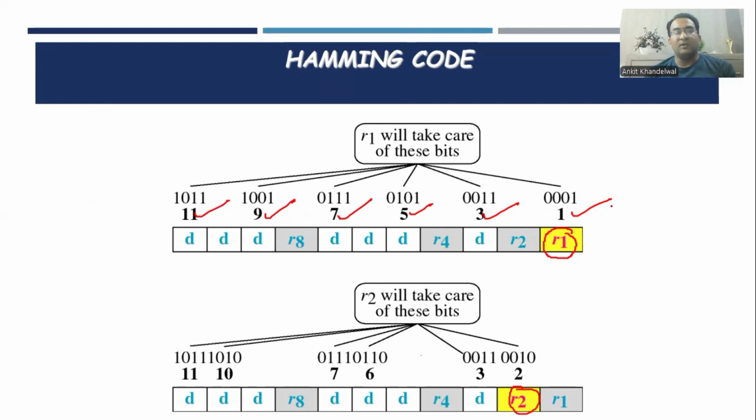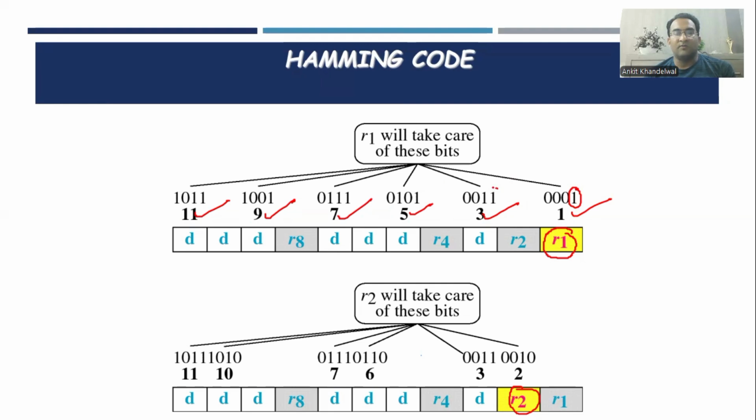Why are we taking only these values 1, 3, 5, 7, 9, and 11? Because when you see these binary codes, all these numbers are having 1 at position 1 only. See, this is the 1 at position 1 in the binary value of 1.